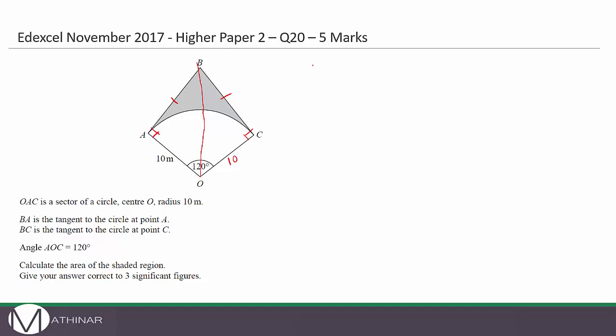Okay, so the area of the shaded region is equal to the area of the quadrilateral minus the area of the sector.